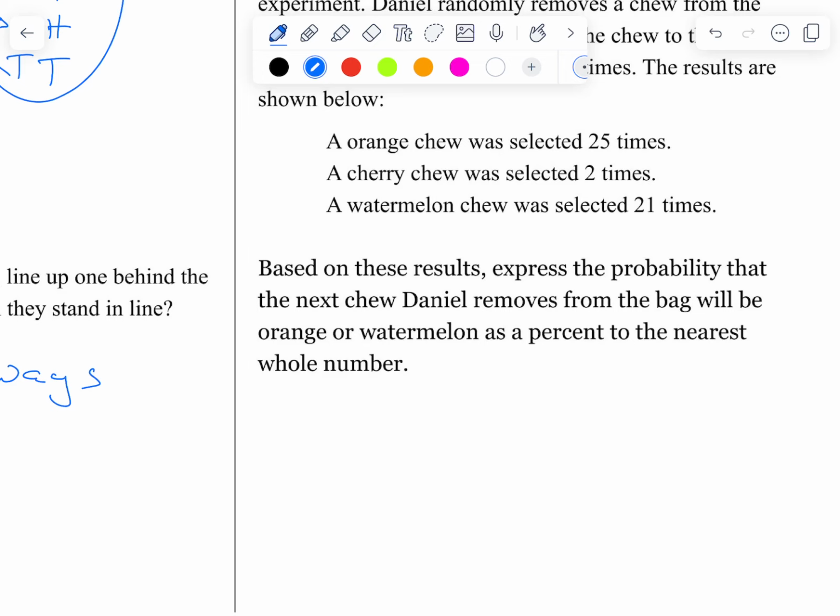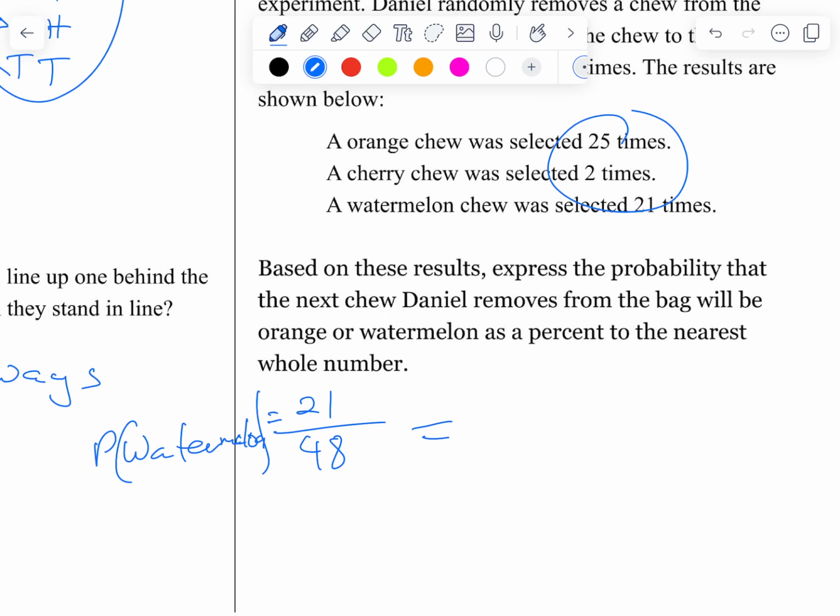So the total amount of times that he did it, or that he got watermelon, was 21 out of 48. So we'll kind of say this is sort of like an experimental thing for watermelon, probability of getting watermelon.